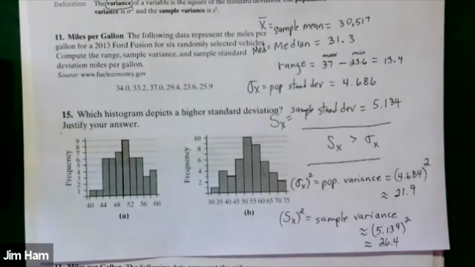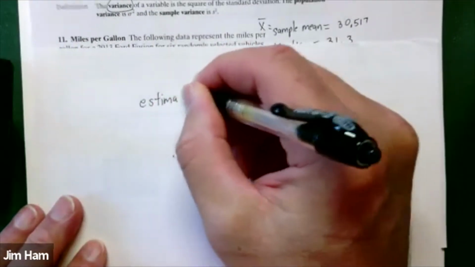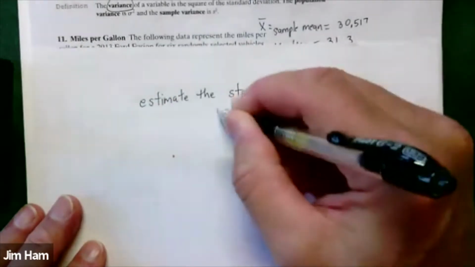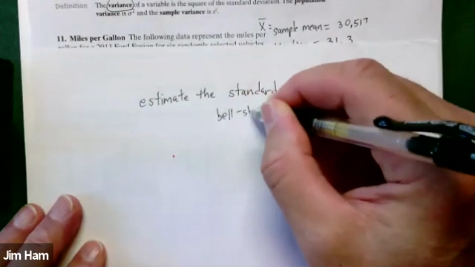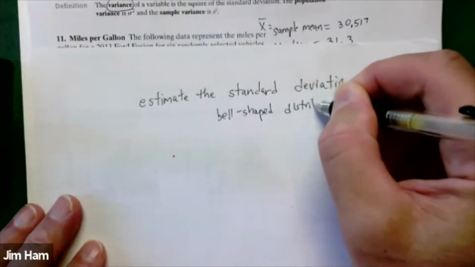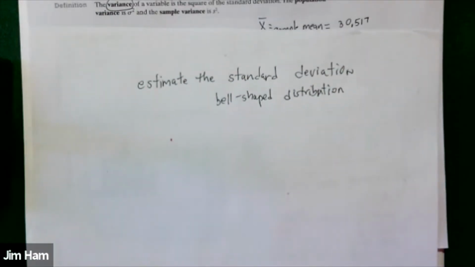All right, now it turns out that we can estimate the standard deviation, mostly in a bell-shaped distribution, but it sometimes works in others as well. And this is just a very crude estimate. Most of the data values will fall within a couple standard deviations from the mean.